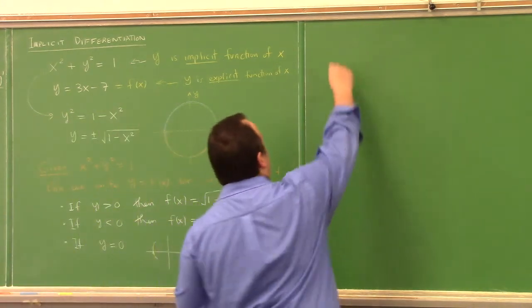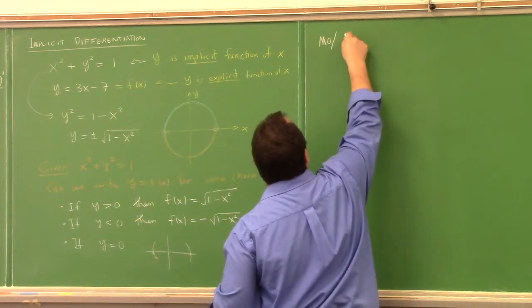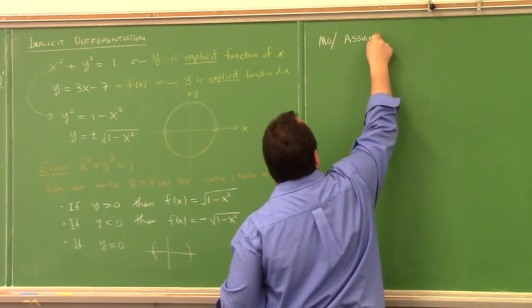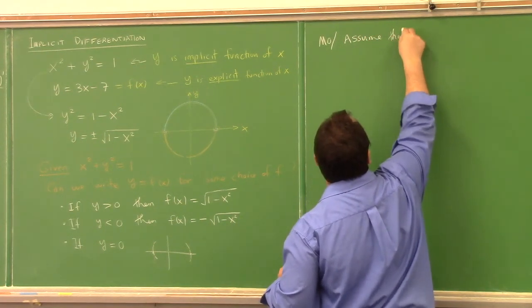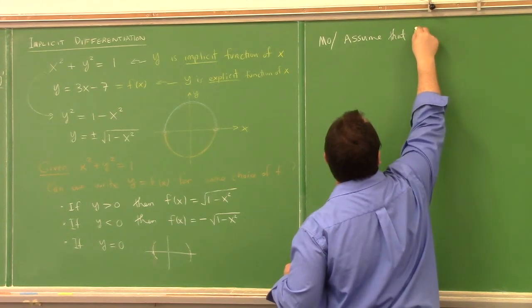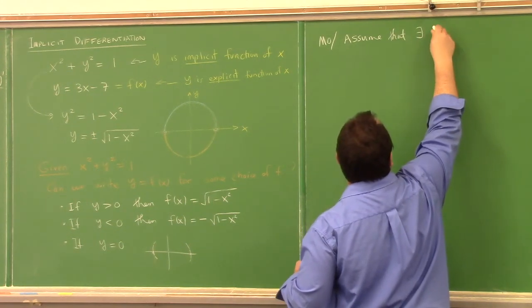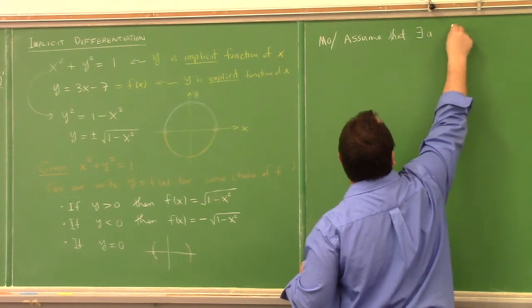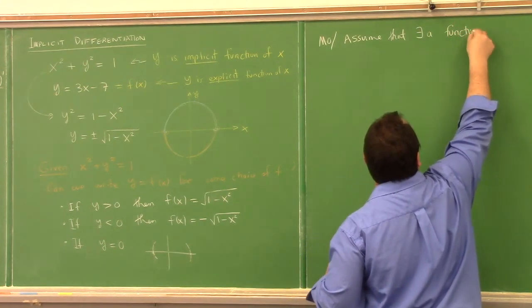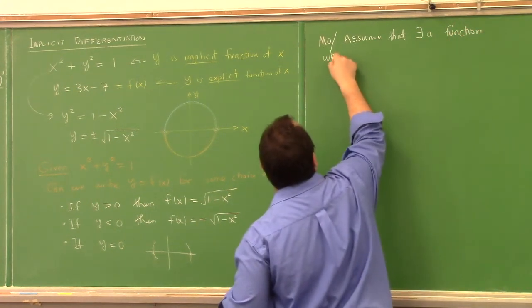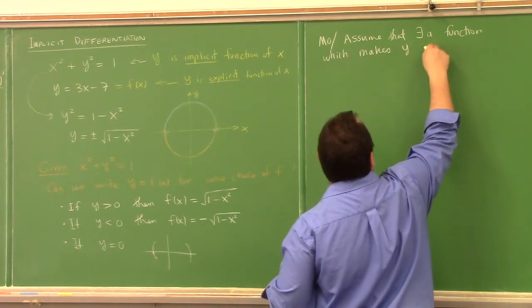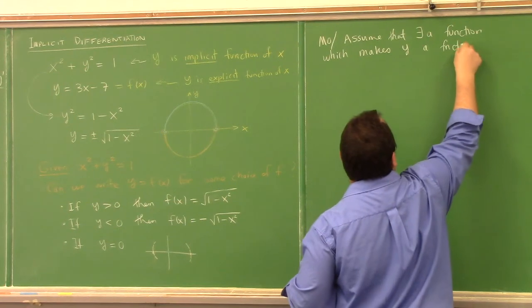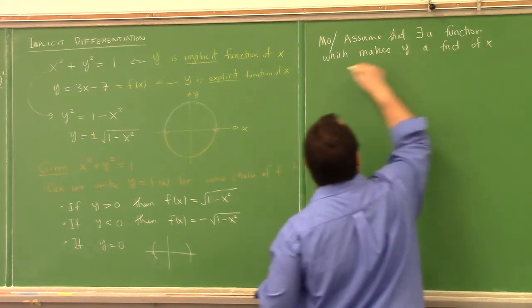Our MO is going to be: assume that there exists a function which makes y a function of x near the point of interest.